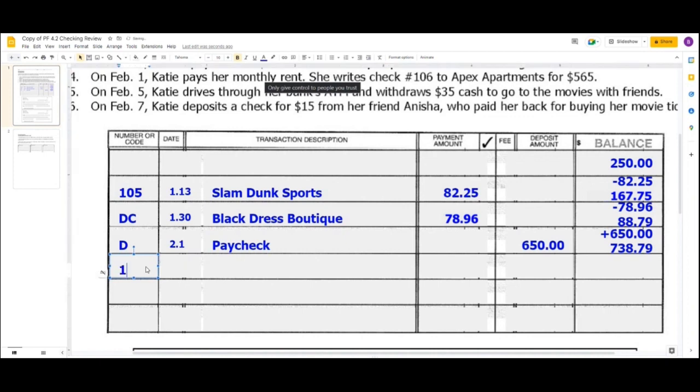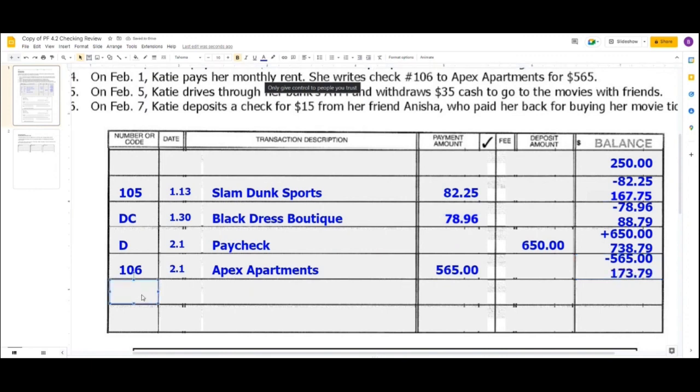She writes check 106 to Apex Apartments in the amount of 565. That is 173.79. On February 5th, Katie drives through her bank's ATM and withdraws $35 cash.